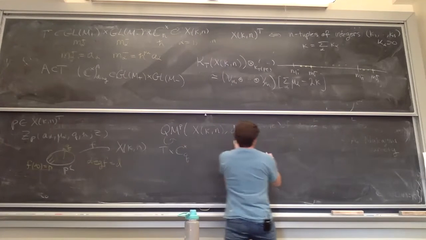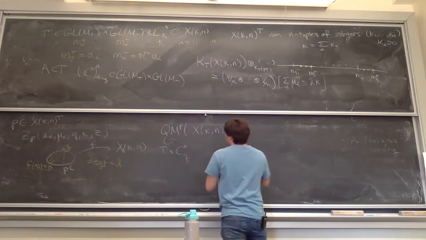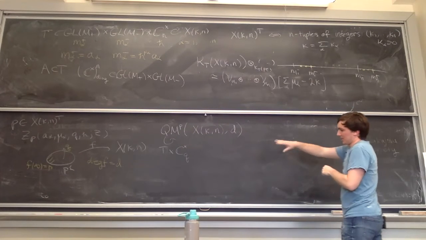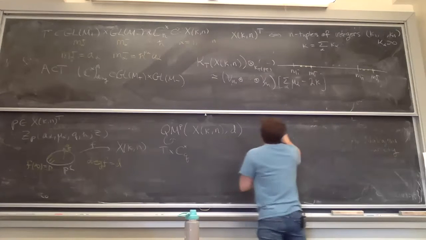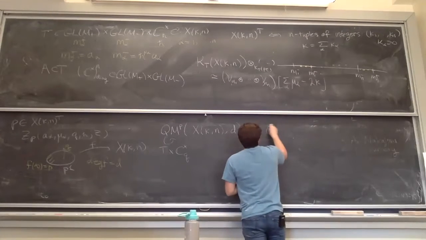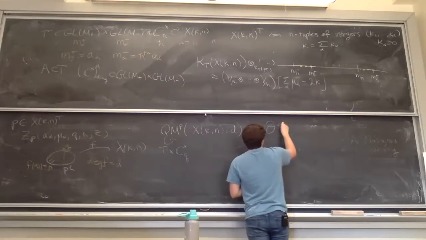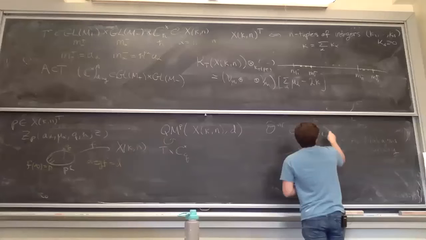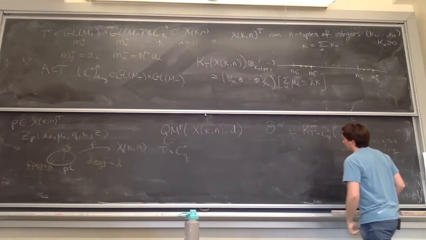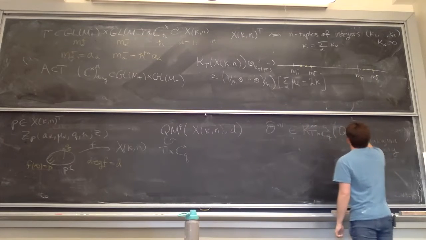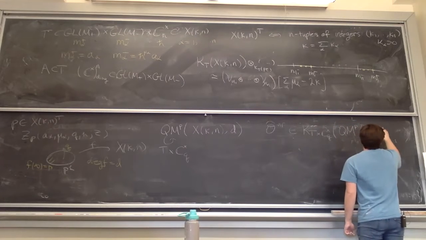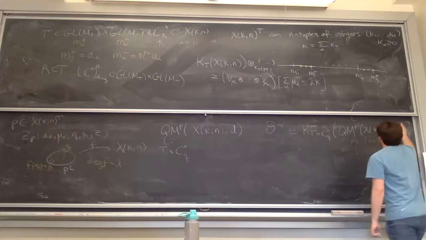And a quasimap space is some way to compactify the naive moduli space of curves. And in its K theory, there's a distinguished class called the symmetrized virtual structure sheaf, which comes from the perfect obstruction theory that quasimaps have automatically.